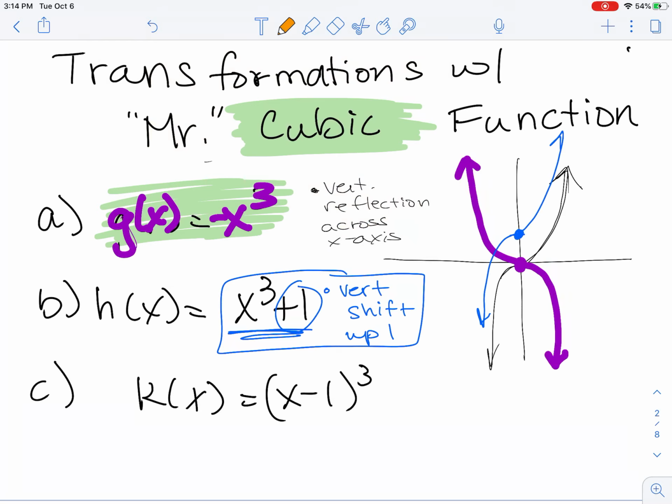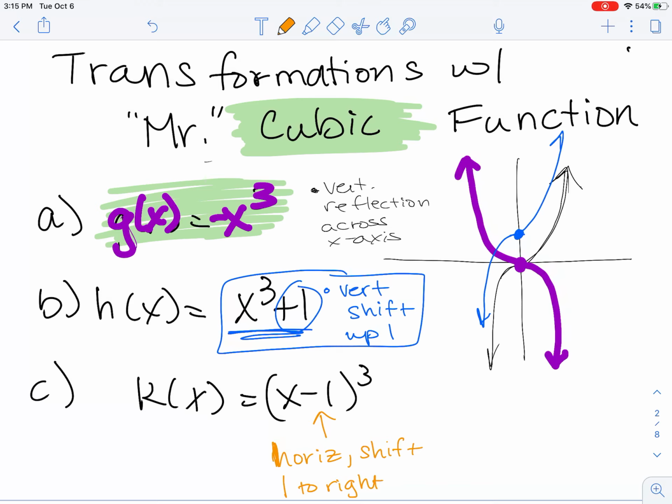And then I'm just going to go ahead and put the next one in orange. So we can see here, this one's going to be changed. Remember that horizontal changes are in the parentheses, or aka funky town. So we have a horizontal shift. Remember, everything's opposite of what we see. So it looks like a negative one, but it's really a positive one to the right.